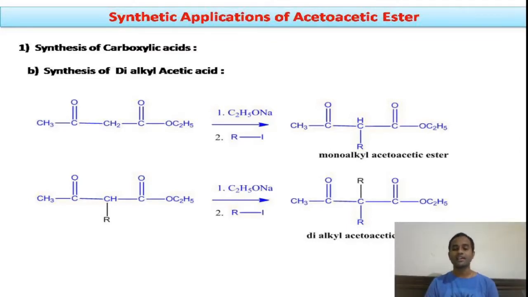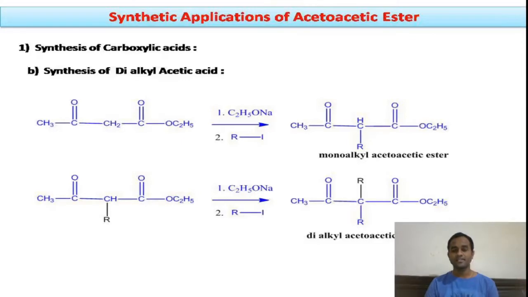We will get dialkyl acetoacetic ester. In the first step, treating the compound with the base followed by alkylation, we will get monoalkyl acetoacetic ester. In the second step, this monoalkyl acetoacetic ester, upon treating with the base followed by alkylation, gives the dialkyl acetoacetic ester as the product.